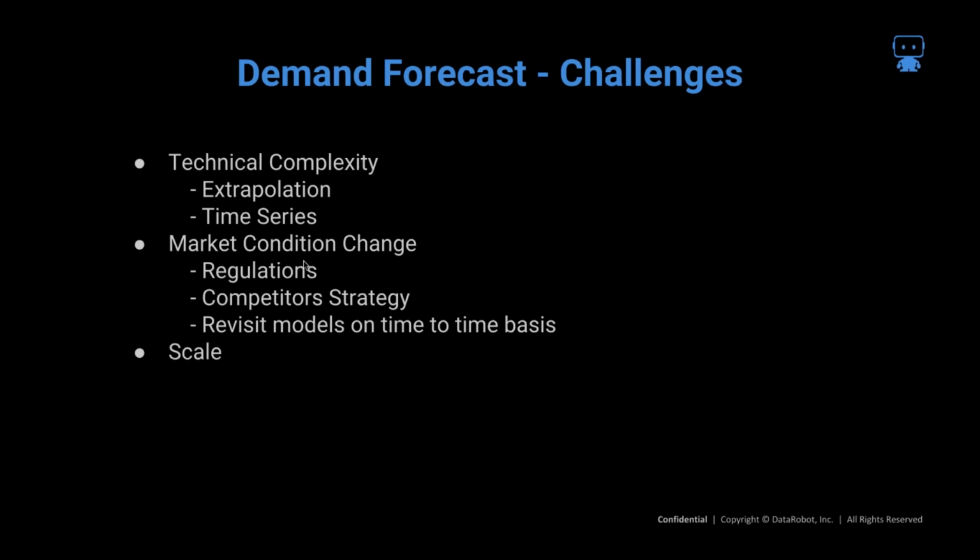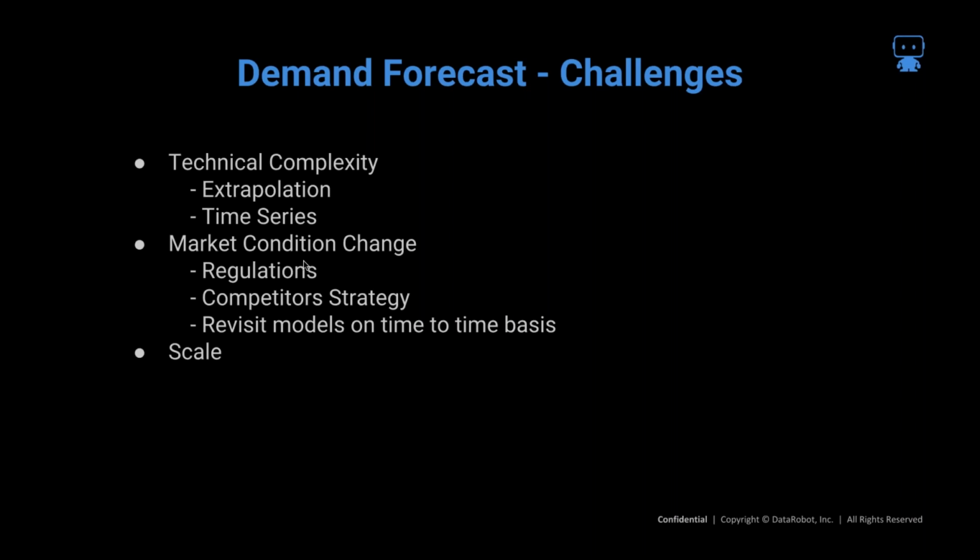Another item is that market conditions are always changing. We are living in a dynamic world. Whatever condition I have today and build my model on, tomorrow it might change and not hold, due to various reasons, like changes in regulation, and competitors' strategies changing day by day.